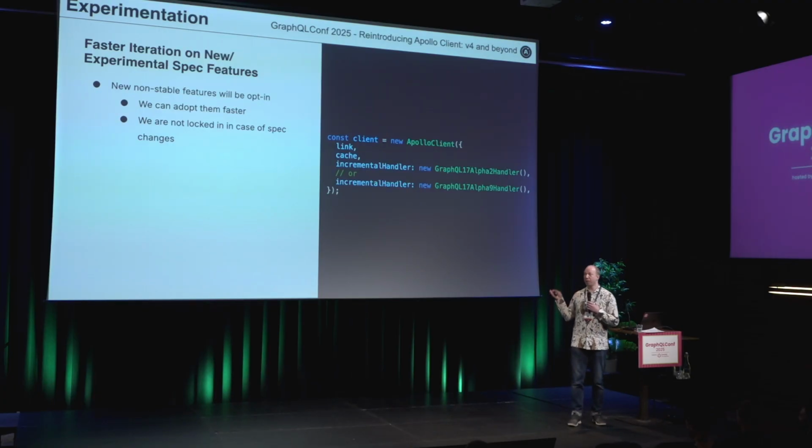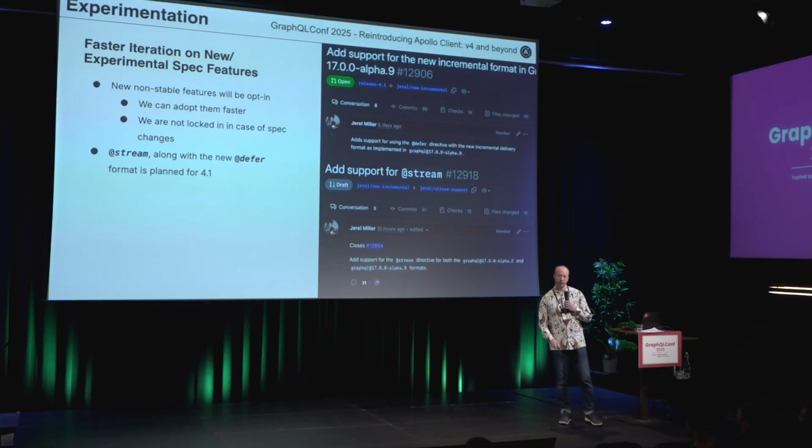And if we do things this way, we can give you the option of adopting features. We don't force the bundle size on everybody, and we aren't locked in until the spec is locked in, and then we can maybe set a default. We are in the process of adding support for stream and defer with GraphQL 17 Alpha 9.